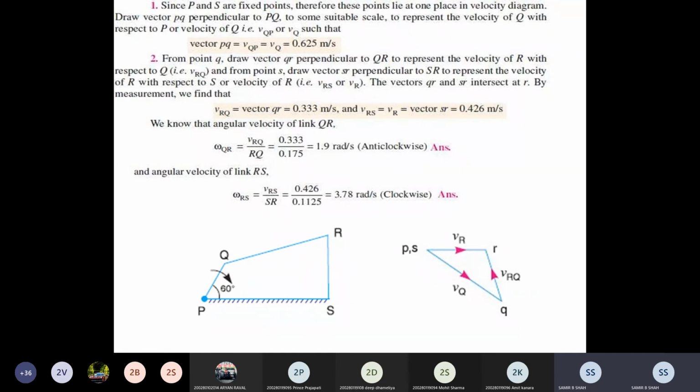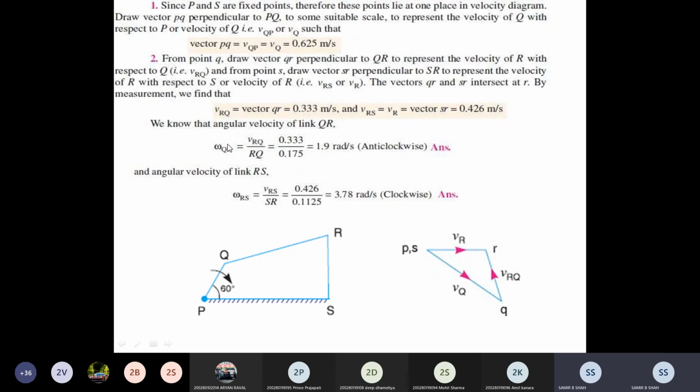It may not go beyond the limit. So this is the average answer: 0.333 meter per second is the velocity of the QR link, and the velocity of the RS link is 0.426. Please compare with this answer and find the omega.